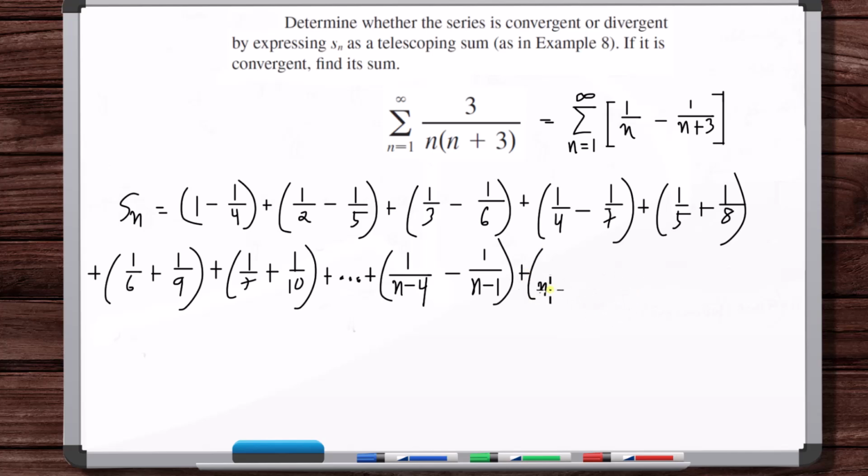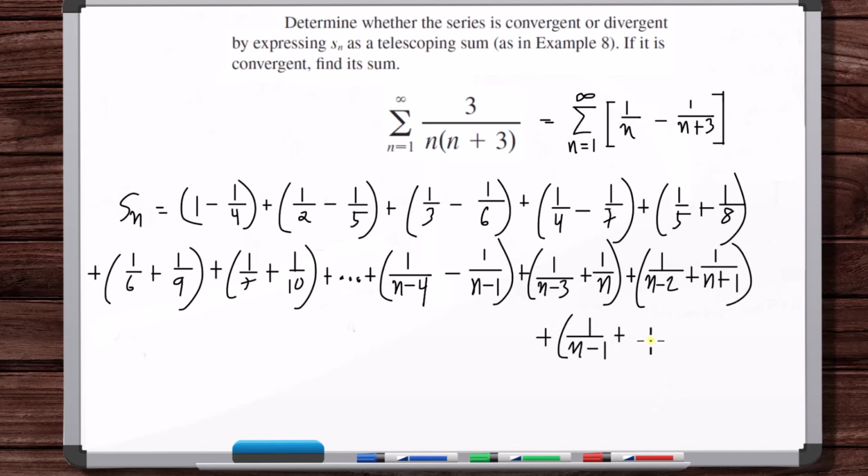N minus 3, n minus 3 plus 3, n minus 2, n minus 1, and then the nth term. Okay, now we can get a really clear look at this.